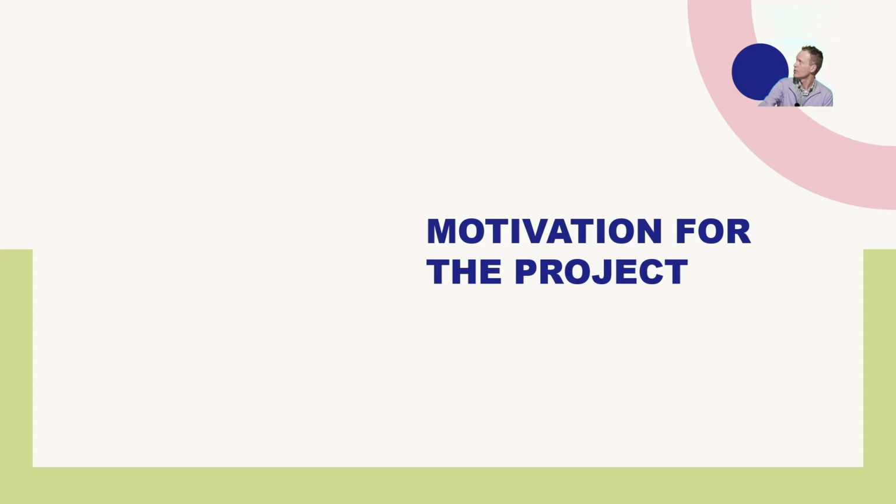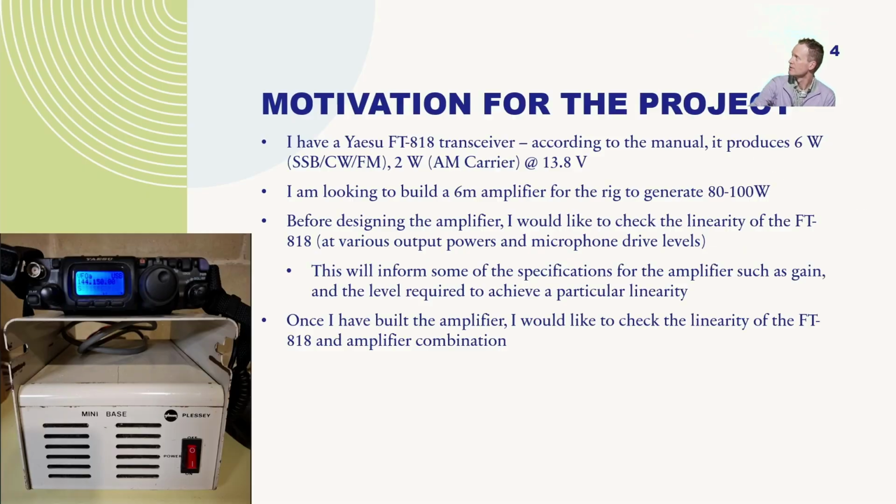Okay, so motivation for the project. Okay, so I've got a Yaesu FT-818 transceiver. According to the manual, it can produce about 6 watts or so on single sideband, CW, and FM, and maybe around 2 watts on AM, and that's at about 13.8 volts.